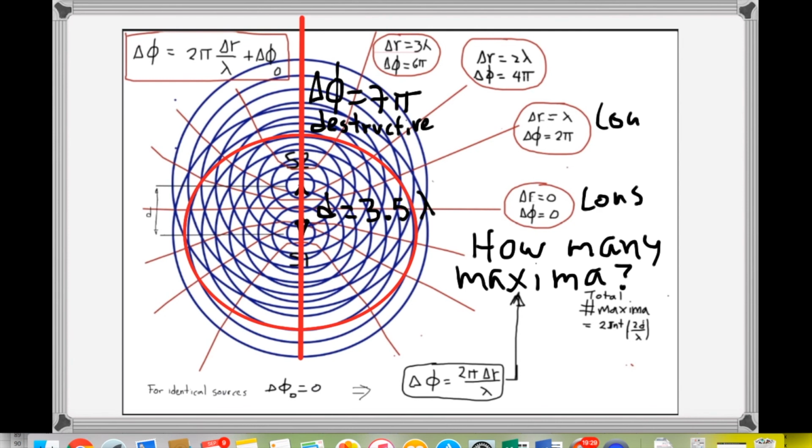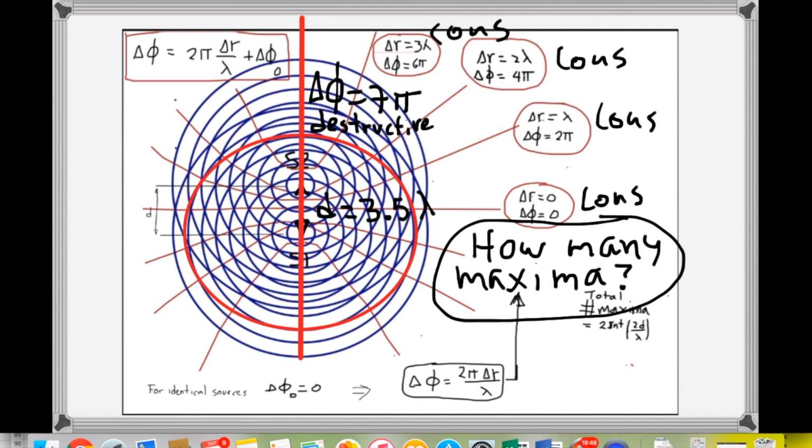So if we were to move in a circle around S1 and S2, as in the problem in the homework, we would count a number of maxima. So if we move around and count them, how many are we going to count?